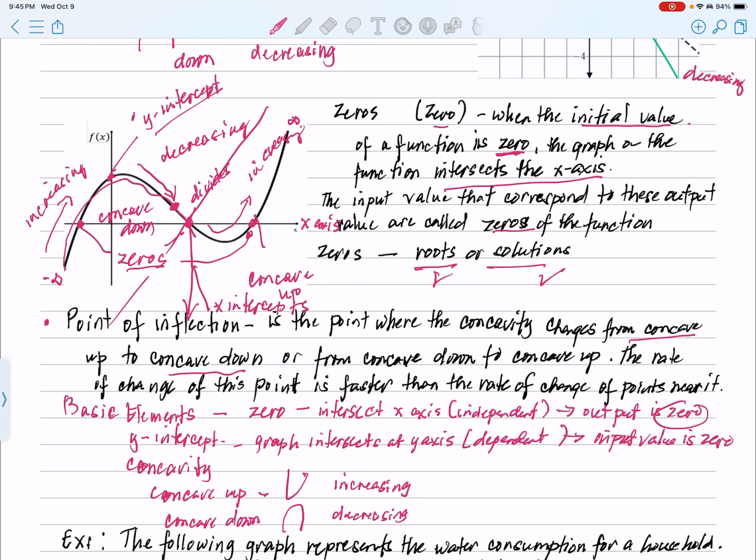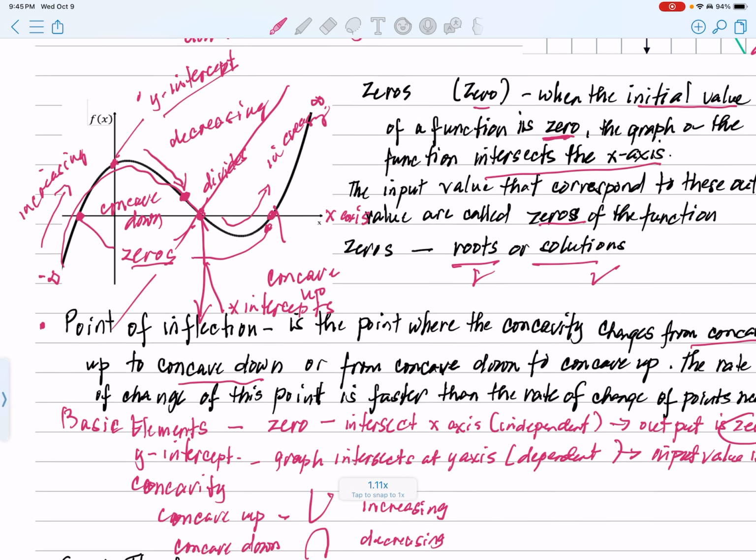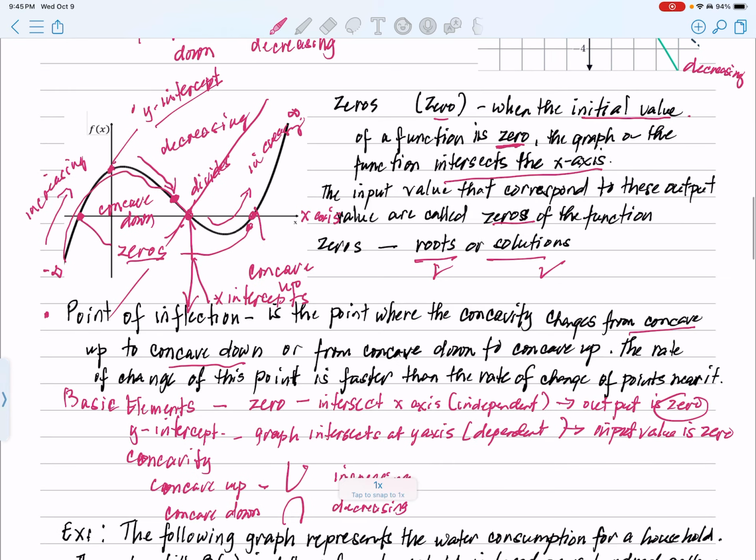Then we have the concavity, which is concave down and concave up, increasing, decreasing, and point of inflection. I think everything is here, the elements in the graph. Okay. I hope it is clear.